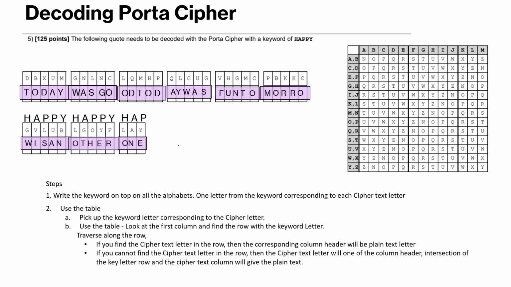The keyword letters were helping us find the row to look at. And then based on the situation, we found our cipher text letter either while traversing the row or looking at the column headers. So that's all in Porta Cipher. It's a fairly simple cipher once you practice it. All the best. Thank you.